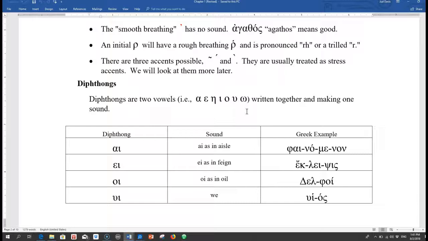Rhino has to do with nose, and keros is horn, so a rhinoceros is a thing with a nose horn, or if you get a nose job, they call it rhinoplasty. All this is related, but the spelling comes from the fact that you have a rough breathing over the initial R sound in Greek.